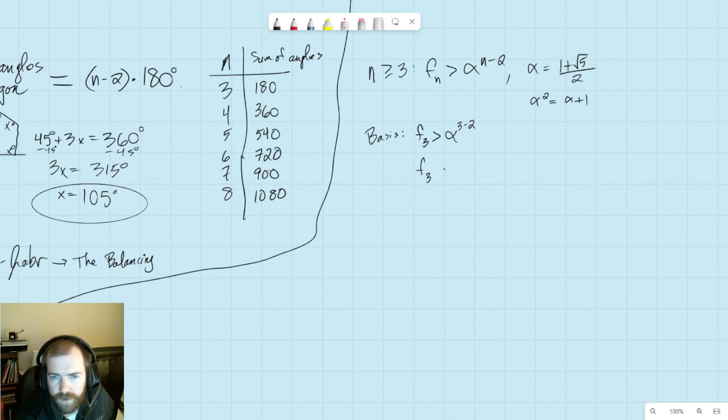So f sub 3 is greater than alpha to the first.